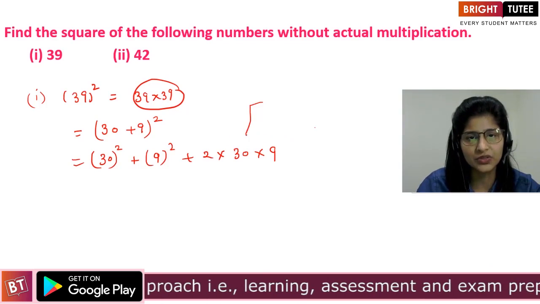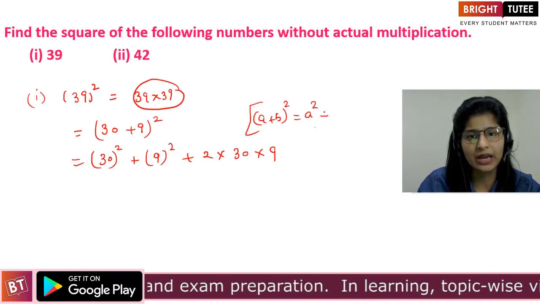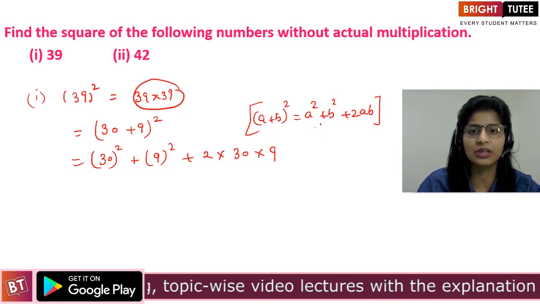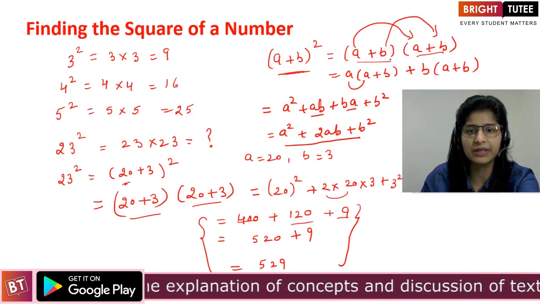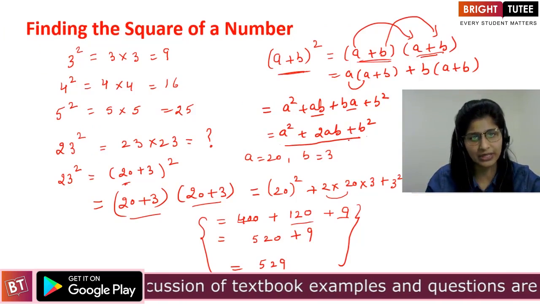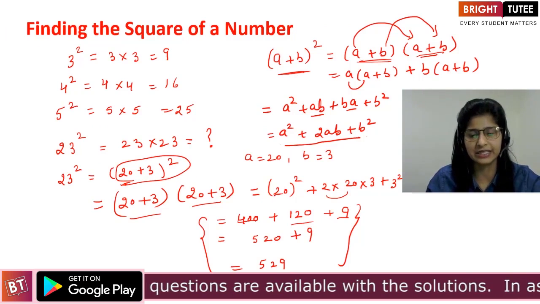Why are we doing this? Because we know a plus b whole square is a square plus b square plus 2ab. We have just got this in the previous slide. We calculated a plus b multiplied with a plus b, which gives us a square plus b square plus 2ab. So whenever we have to multiply like this, we can directly apply the identity.